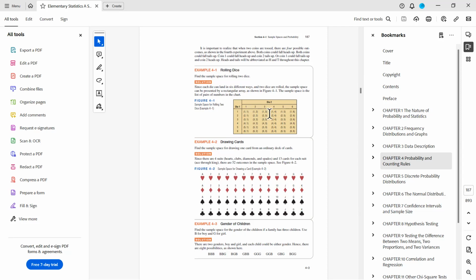But 1, 4 gives you a sum of 5, you don't consider that. Go through the sample space and figure out how many of your outcomes are even, and use that number as the denominator of your probability. Let me show you the problem.